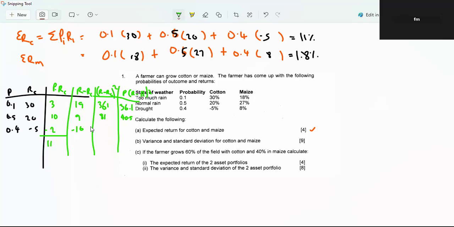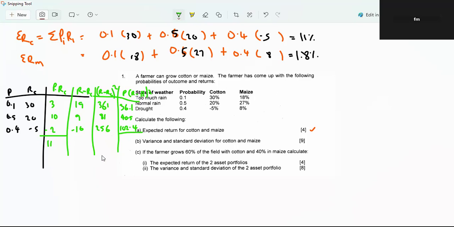Negative 16 squared is 256. 256 times 0.4 is 102.4.